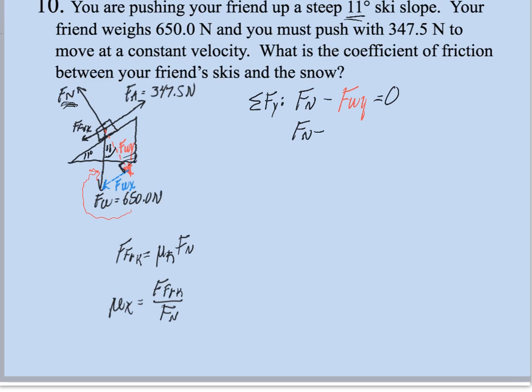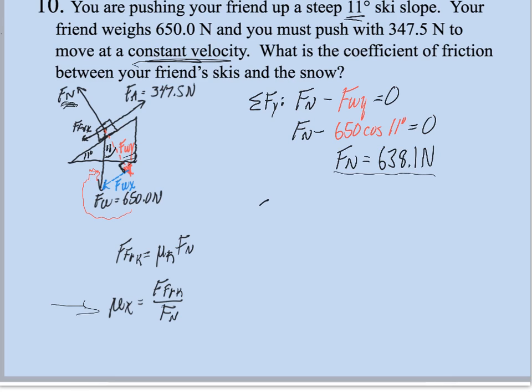So it's going to be the hypotenuse times the cosine of 11 degrees. And because it's at equilibrium, and I know it's at equilibrium because of constant velocity, we know that it equals 0. So what is 650 cosine 11? Well, that's 638.1 newtons, which means I found the normal force, which is something I'm going to need later to help me find mu k, the coefficient of kinetic friction.